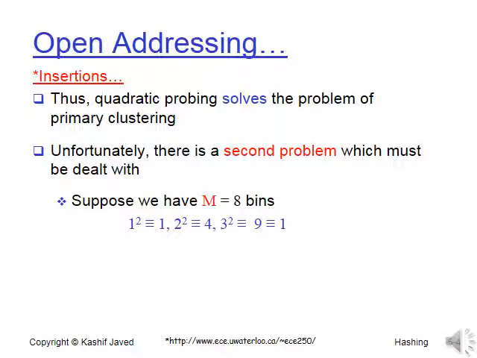We are adding the following set of numbers: 1, 4, 9, 16, 25, and so on, one by one to find an empty bin where we can insert the element. Instead of having a new set of random numbers when we hash to the same bin, if it's full, we are using the same old set of numbers when a collision occurs.